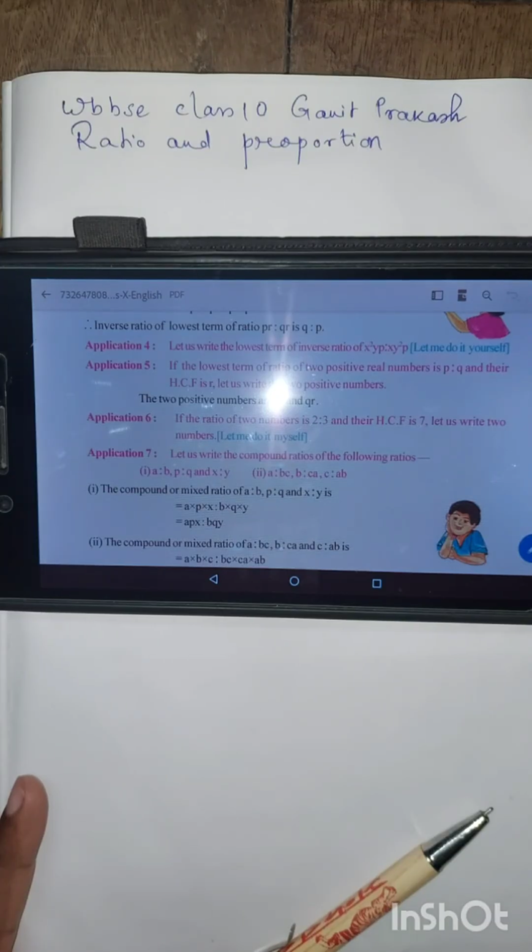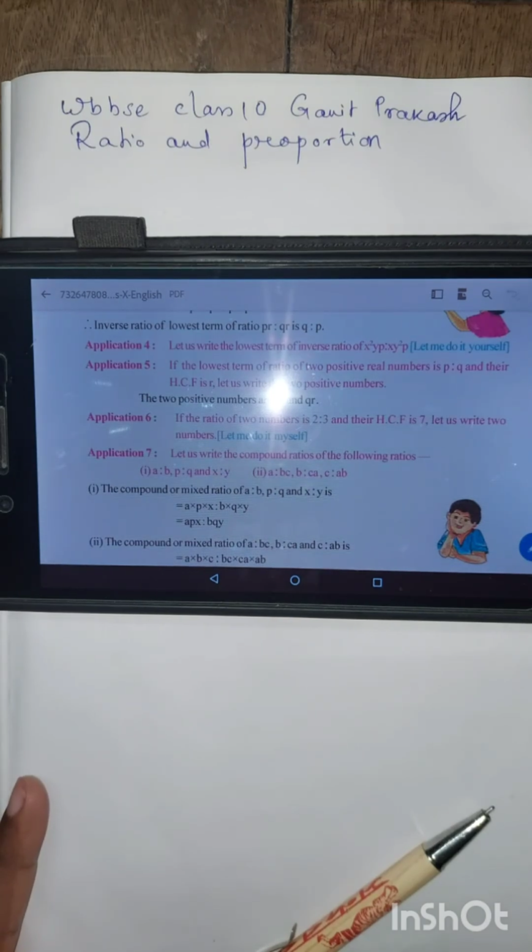Today we are going to solve some questions from the chapter Ratio and Proportion.